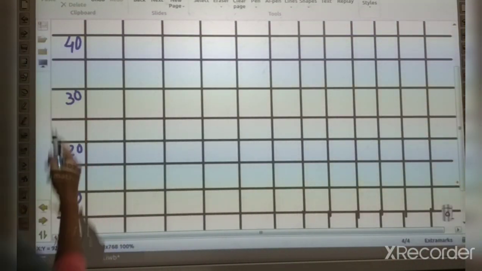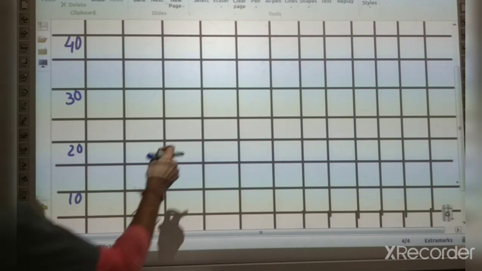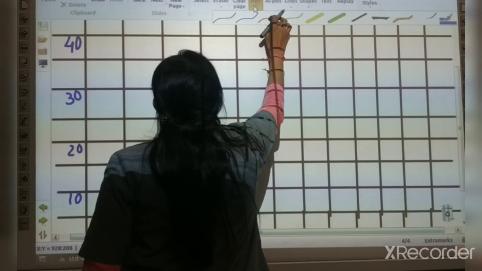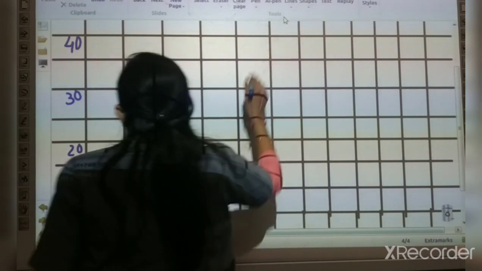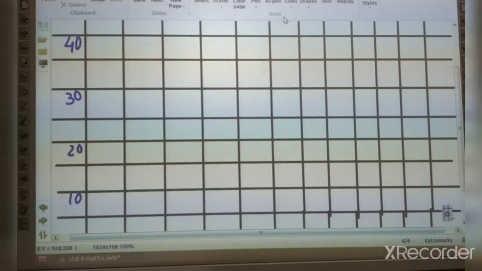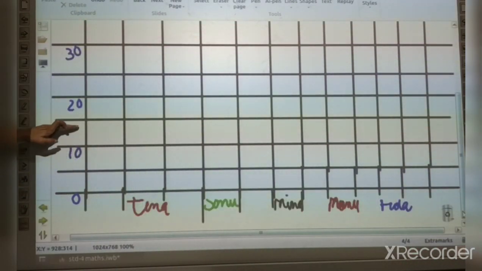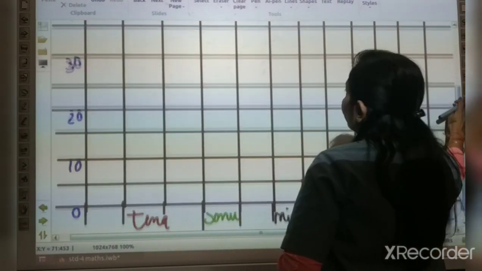So here you fill the color and shade it. Now look here, marks are given on the vertical scale. 1 unit is equal to 5 marks, and zero starts here. 0, 5, 10, 15, 20, 25, 30, 35, 40, 45.